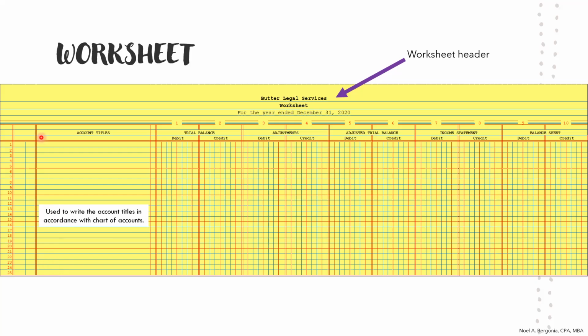Kasi somehow, pwede kasing yung trial balance na gagawin ninyo, since that's the next step after you have posted all in the ledgers, gumawa kayo ng trial balance, may mga accounts na walang laman, so hindi nyo nilagay yung titles. So okay lang naman yon kasi we have an alternative na isusulat din naman natin dito sa account title. Okay? Pero ayun, if you can write the whole chart of accounts, then pwede po naman.